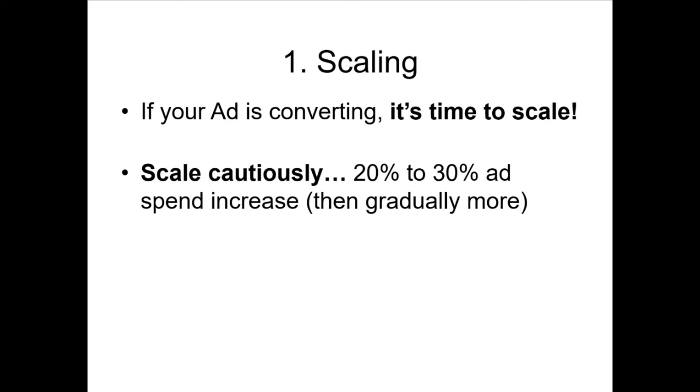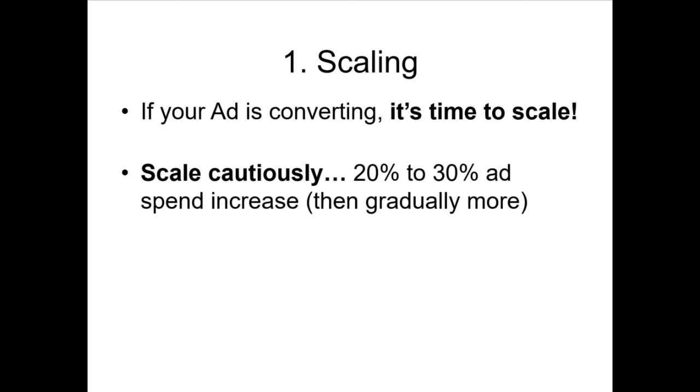So what you can do is make a duplicate of that winning ad set and duplicate it like 3 or 4 times. So for example, if you have a $100 per day ad set that's doing very well and you intend to spend $300 a day, instead of just editing that ad set and changing it to $300 a day, you want to duplicate that ad set another 2 more times, at $100 each.